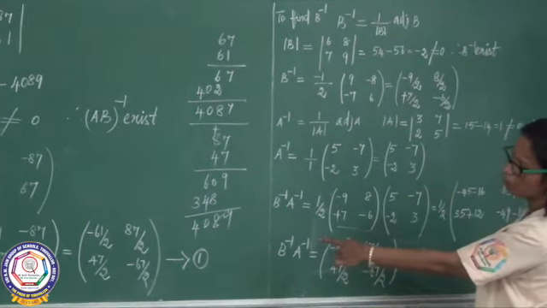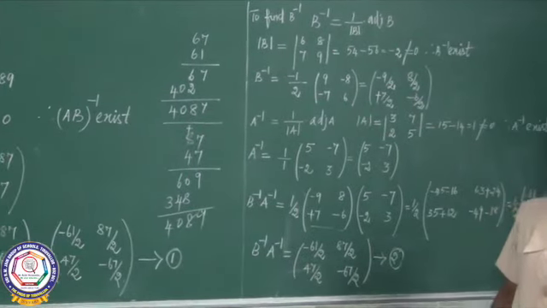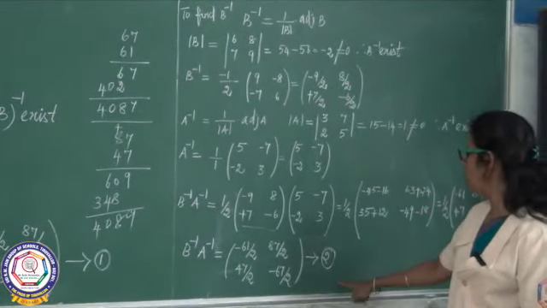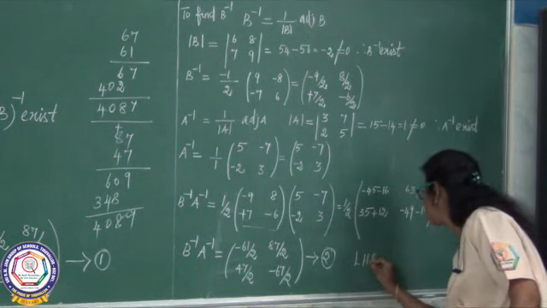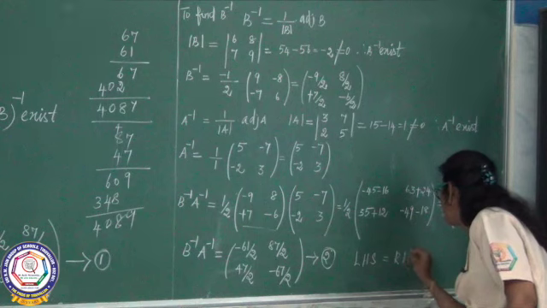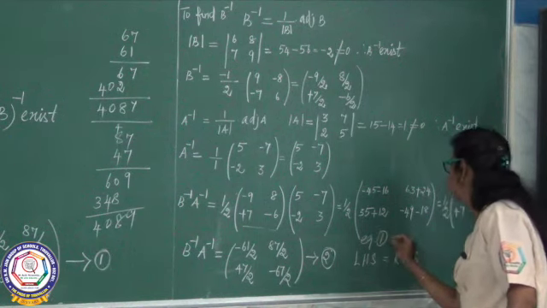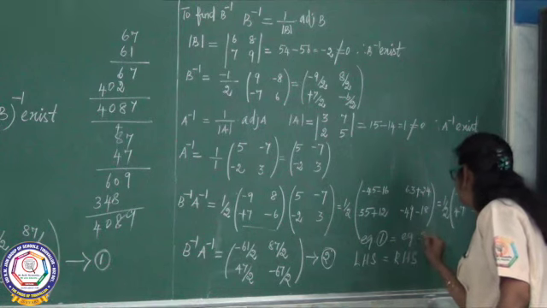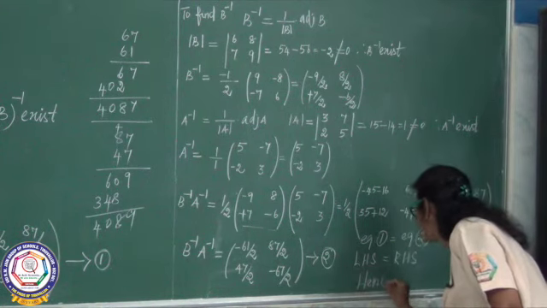So equation 1 represents your LHS and equation 2 represents your RHS. So LHS equal to RHS. Or you can write at the top, equation 1 is equal to equation 2. Hence verified.